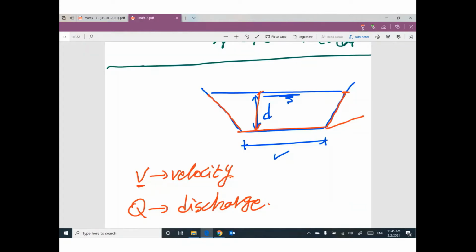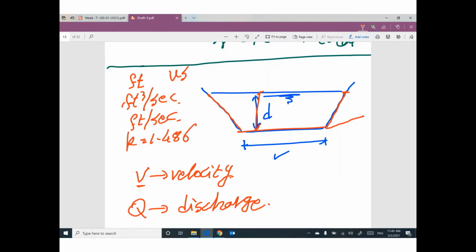For example, if your dimensions are in feet, your discharge in cubic feet per second, and the velocity in feet per second, that means you are using US units, so K equals 1.486. If you are using meters and cubic meters per second, that means you are using SI units, so K equals 1. Does that make sense?